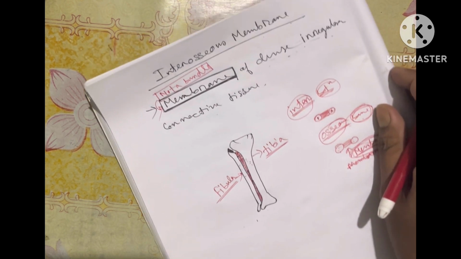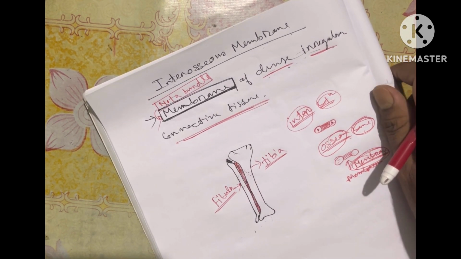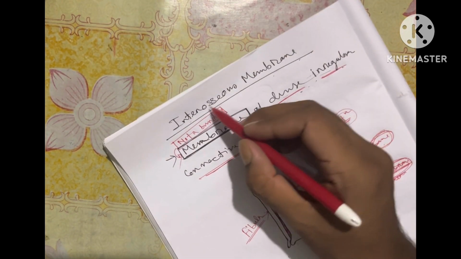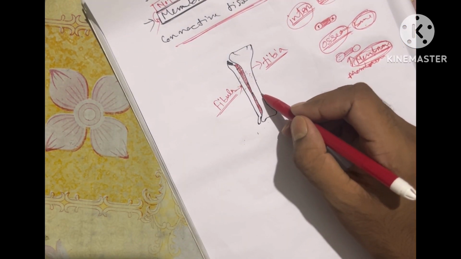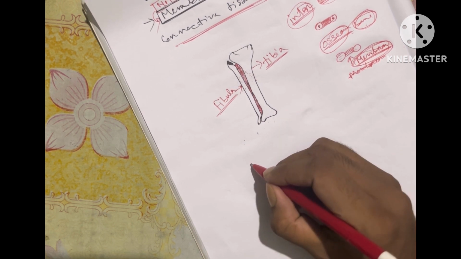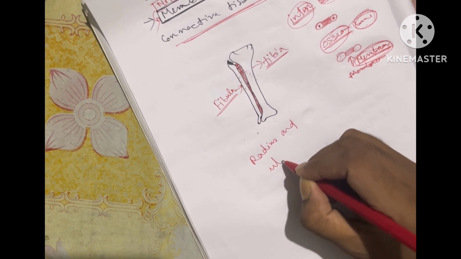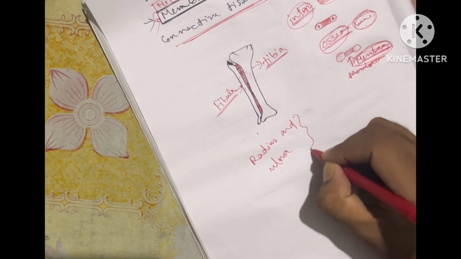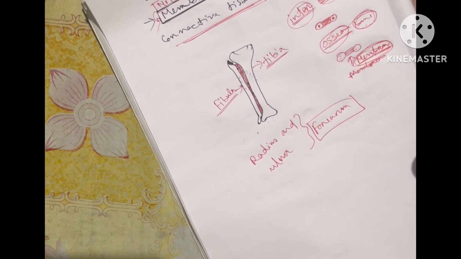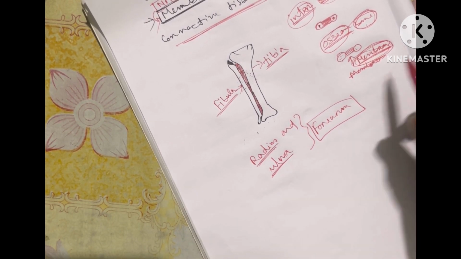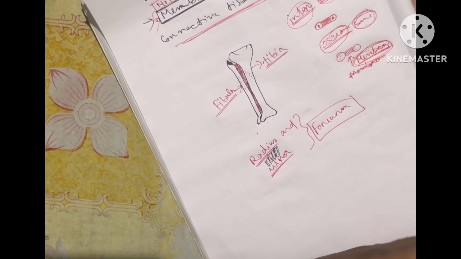The characteristic of the membrane is that it is dense irregular connective tissue. We have two interosseous membranes. One is present in between the tibia and fibula in our lower limb, and another is present in between the radius and ulna of our forearm.